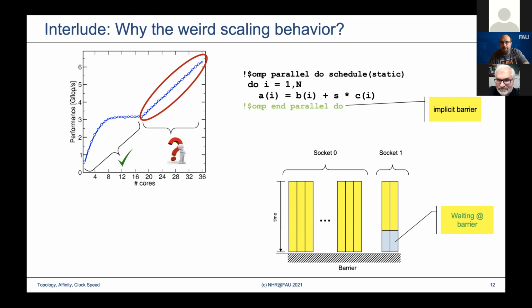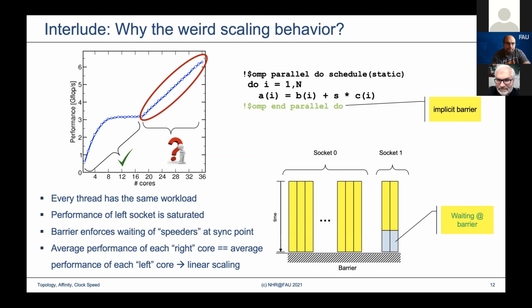So each of the threads can get more of the available memory bandwidth, and the remaining part is spent waiting. So we wait at the barrier, and this is exactly what we see here. So here's a short explanation again: the barrier forces the speeders at the sync point to wait, and therefore we have this linear scaling.